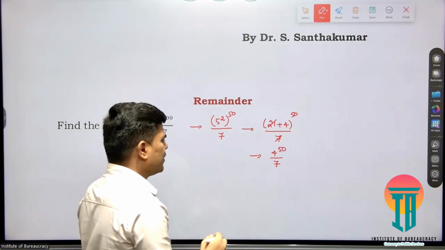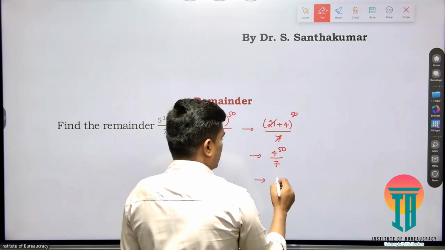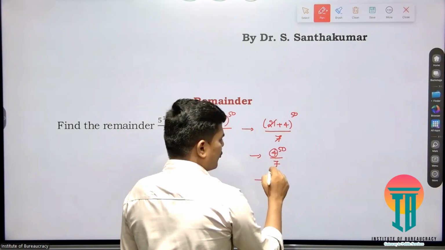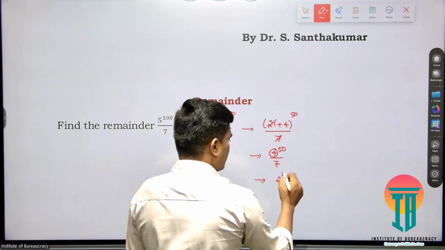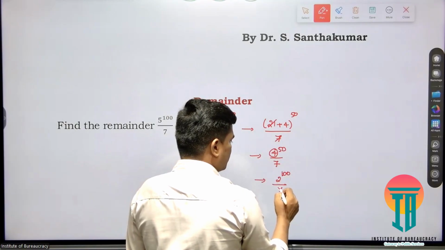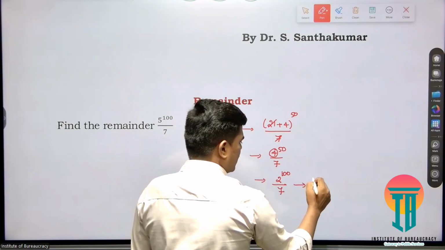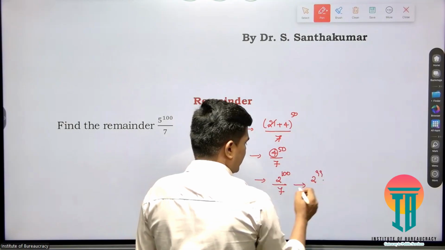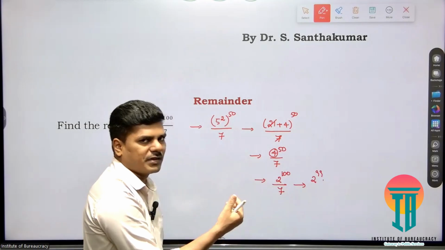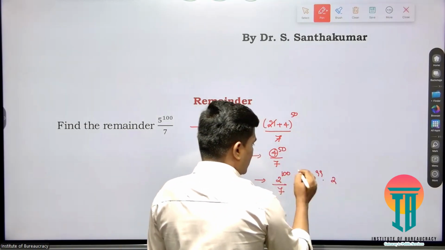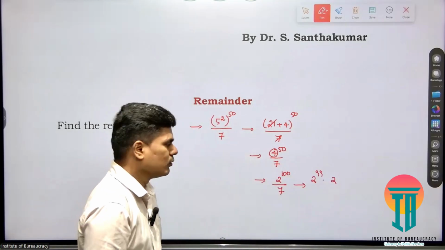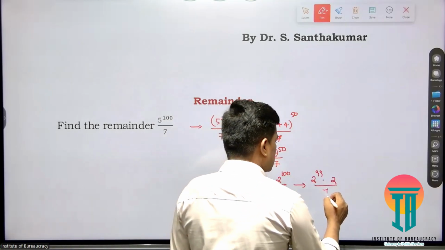4 power 50 is nothing but 4 written as 2 square, so (2 square) power 50 means 2 power 100 by 7. 2 power 100 can be written as 2 power 99 into 2, because I want to write it in terms of 7 plus or minus something.